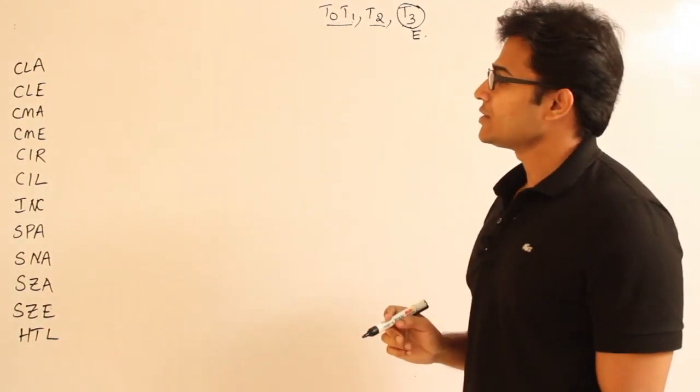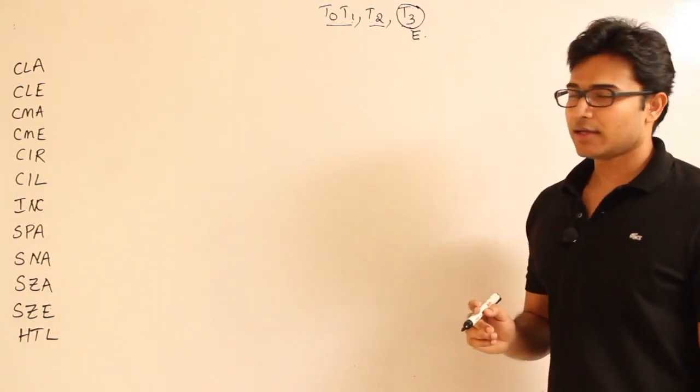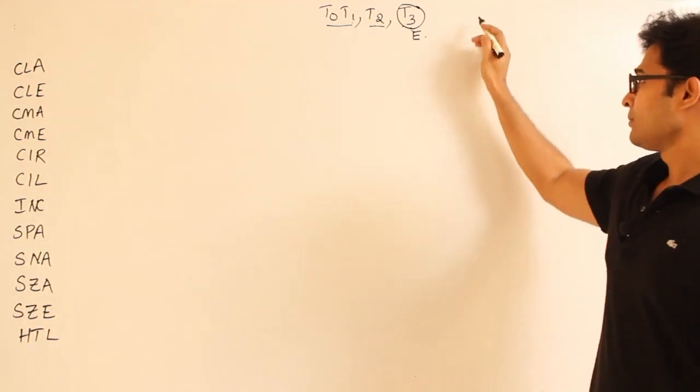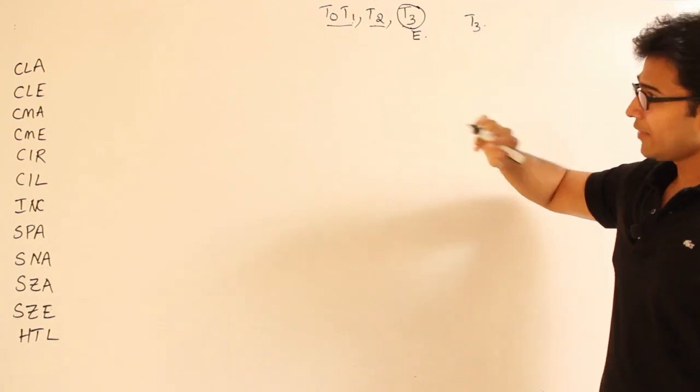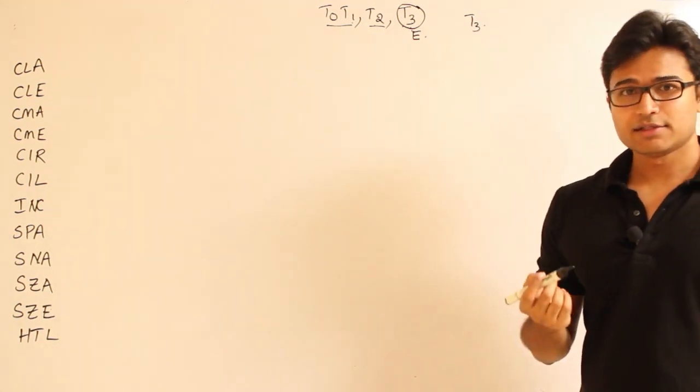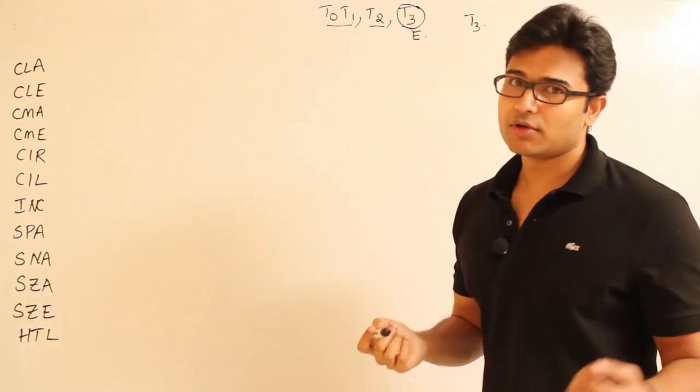All these instructions have to be enabled when the timing signal is T3, isn't it? Then how can I identify that they are register reference instructions? By the opcode only, right?